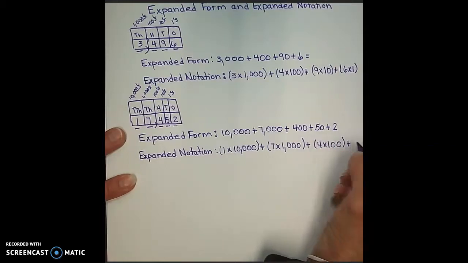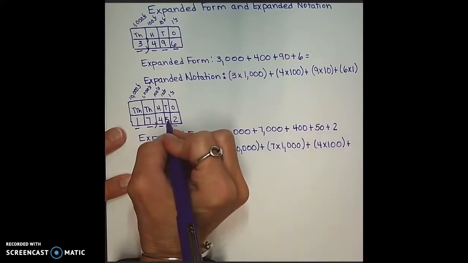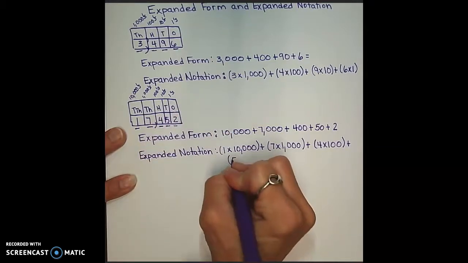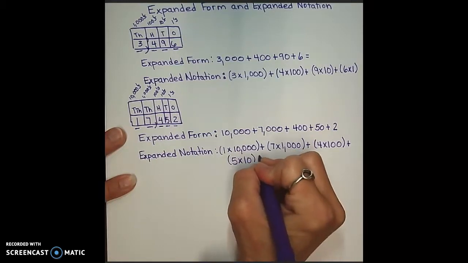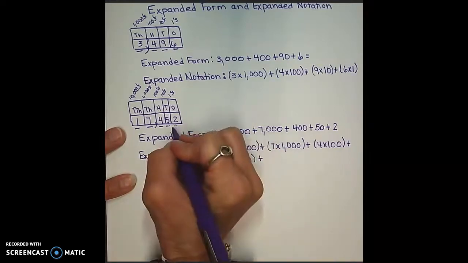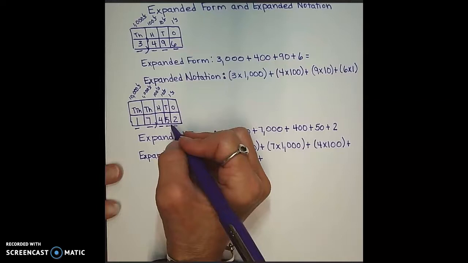Close my parentheses and my plus sign. Then I move to my tens place. I have 5 groups of 10. Close my parentheses and write my plus sign. And I move to my ones place, and I have 2 groups of 1.